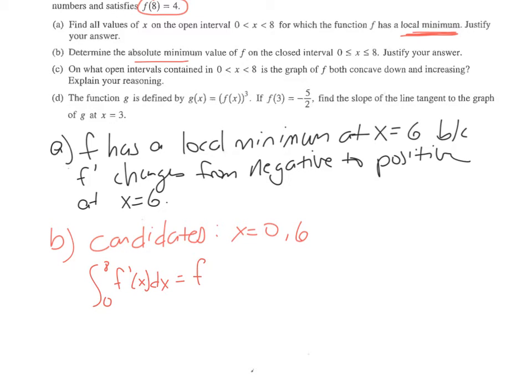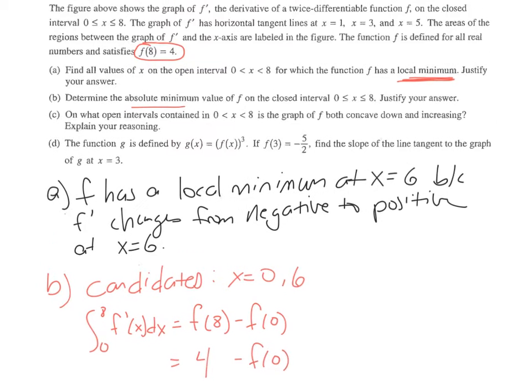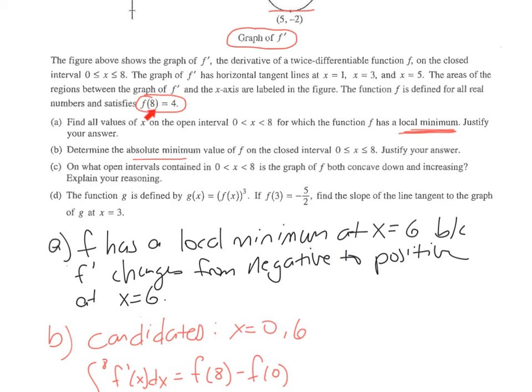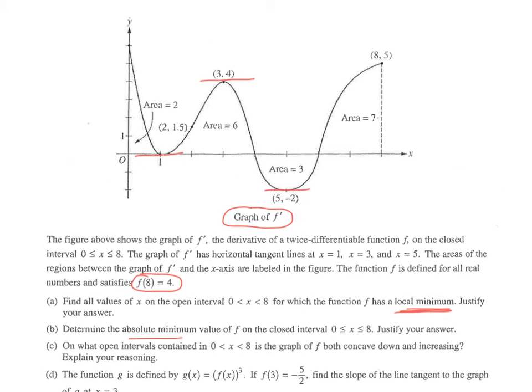We know, using the fundamental theorem, that this is f of 8 minus f of 0. Now we'd like to know what f of 0 is. And we know that f of 8 is equal to 4 because they gave us that information right up here in the directions.